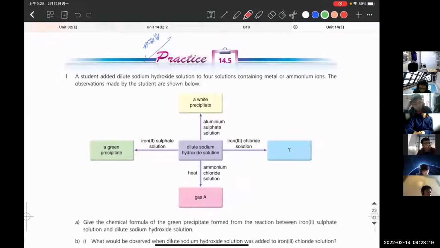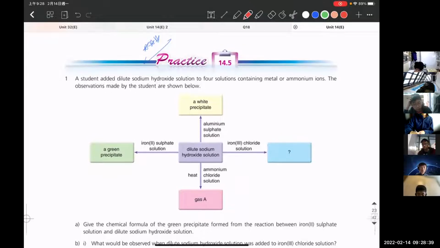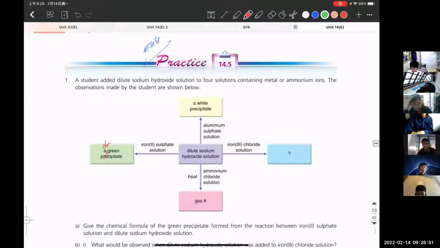The aqueous solution would be added to some of the four chemicals. Give the chemical formula of the green precipitate formed from the reaction between iron(II) sulfate and dilute NaOH solution. That green precipitate, as said before, I describe as dirty green.